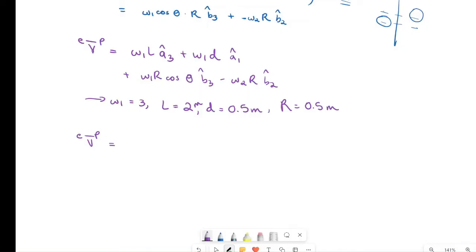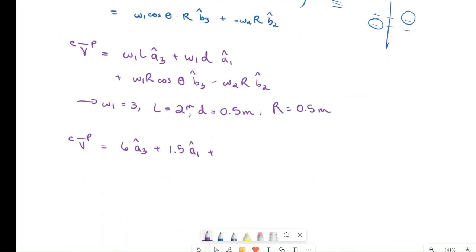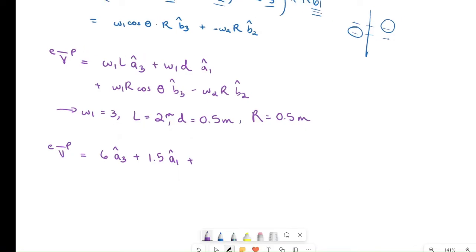omega 1 times L, which is 3 radians per second, times 2, which is just 6 A3 hat, plus 3 times 0.5, which is just 1.5 A1 hat, plus omega 1 R cosine theta. So omega 1 times R is also 1.5 cosine theta B3 hat minus omega 2.